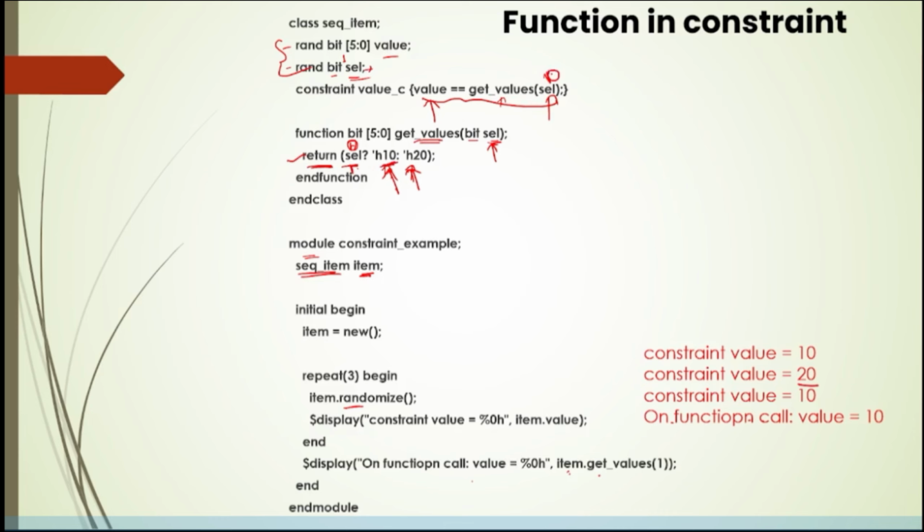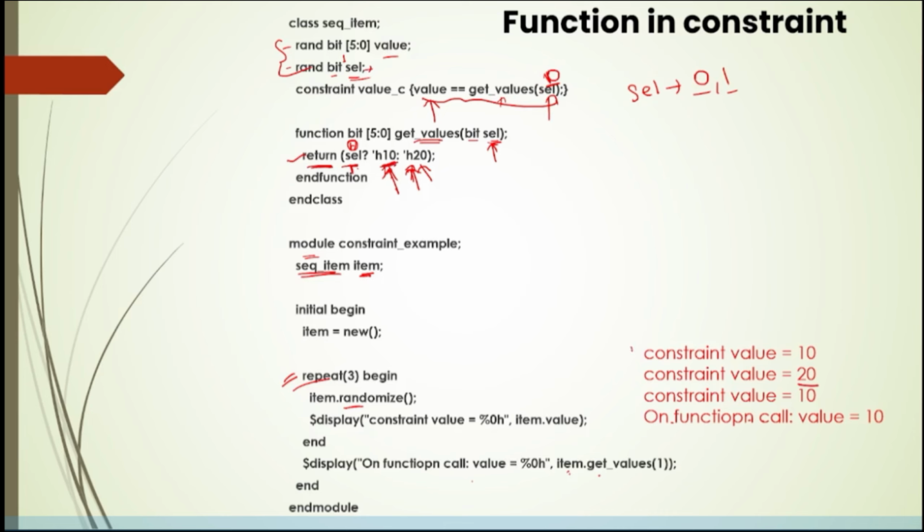And if select is 0, because you are randomizing it 3 times and select is a single bit, it can be either 0 or 1. So when you are randomizing it 3 times, if it is 0 all 3 times, then the output will obviously be 20 all 3 times. And if it is 1 one time, then the output will be 10.